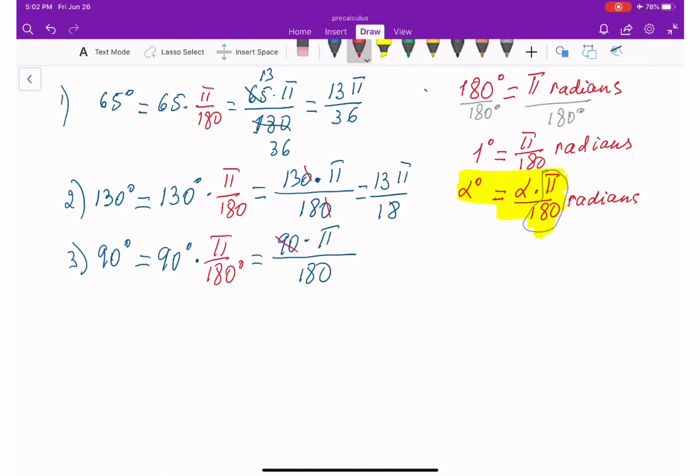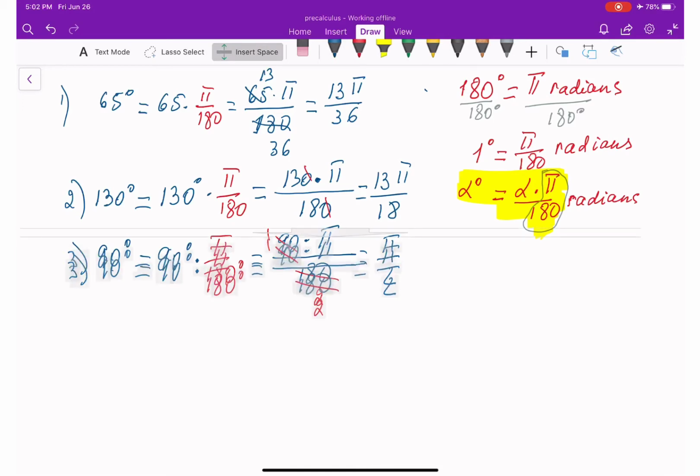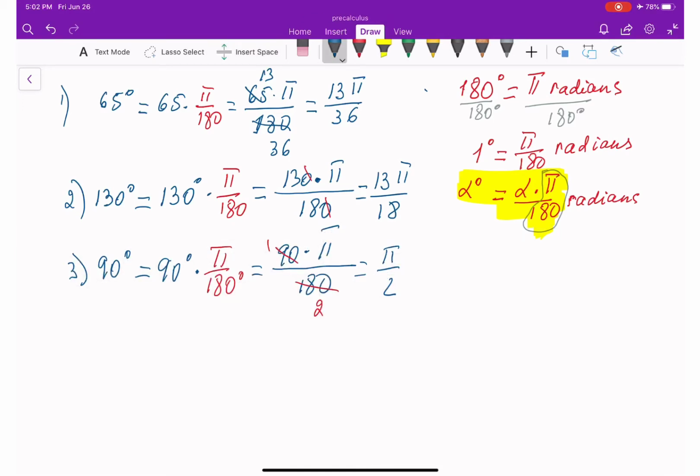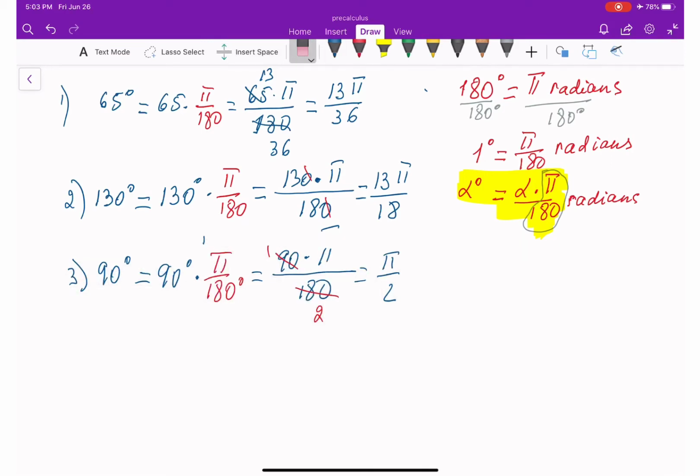So 90 and 180 can cancel, 1 and 2. And the answer will be pi over 2. Let me bring it a little bit down, getting too crowded.